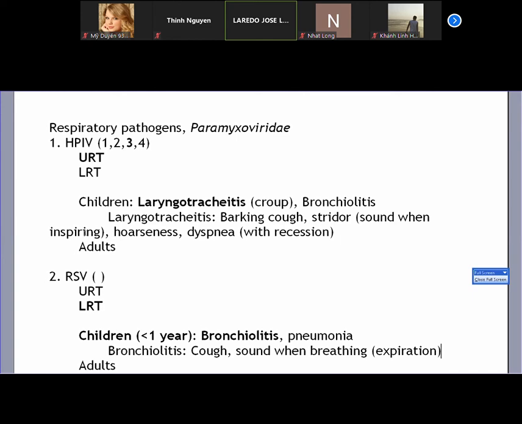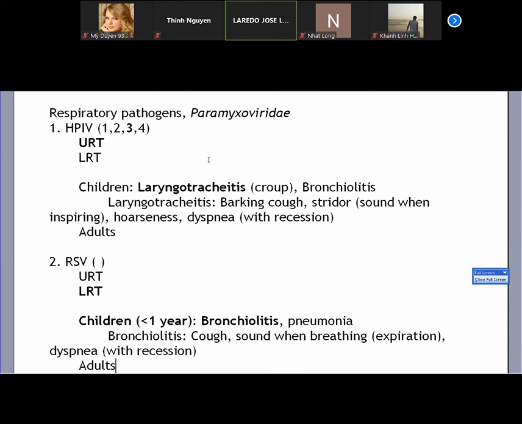So the opposite to laryngotracheitis, dyspnea with recession sometimes. And well, this is the most important, okay? So look, we have two respiratory viruses important for children, okay? Laryngotracheitis, parainfluenza viruses, and bronchiolitis, respiratory syncytial virus.